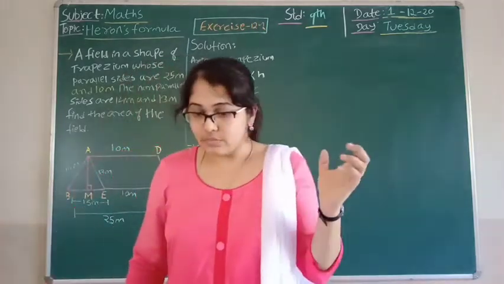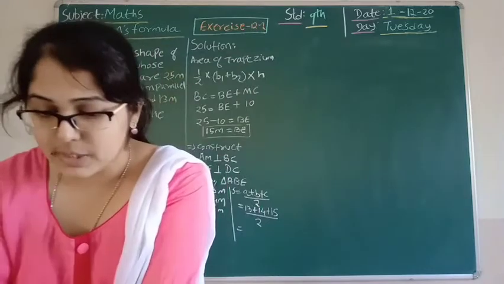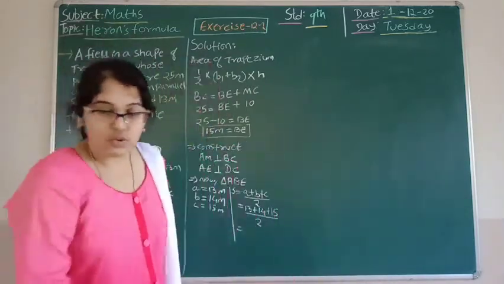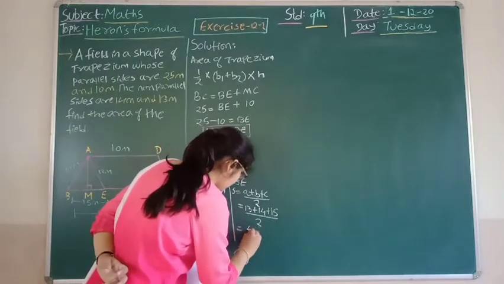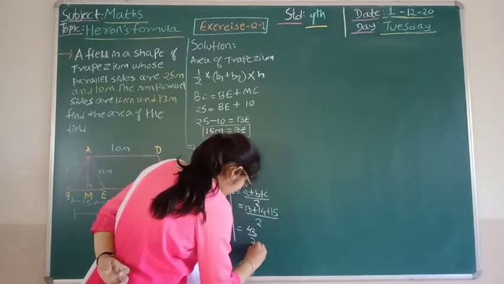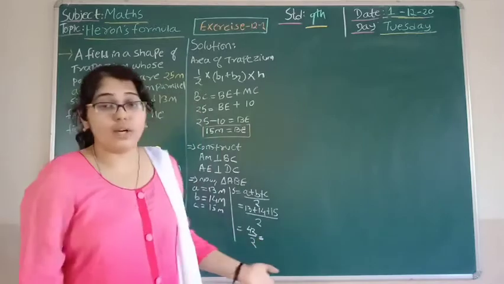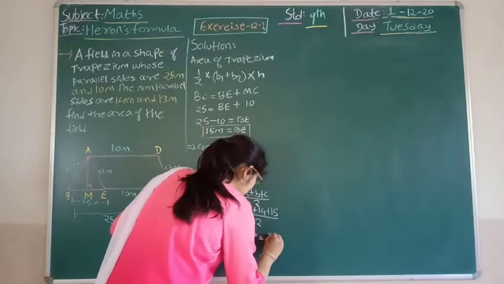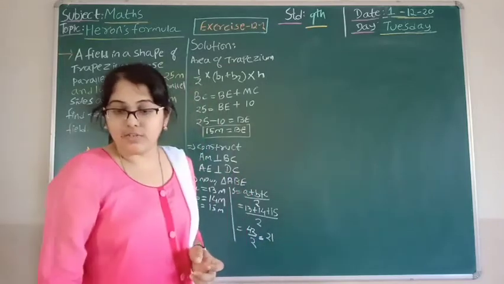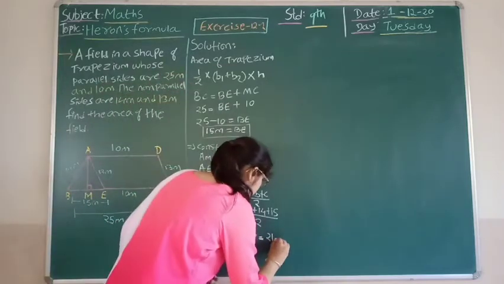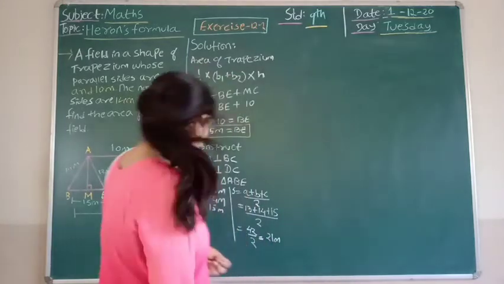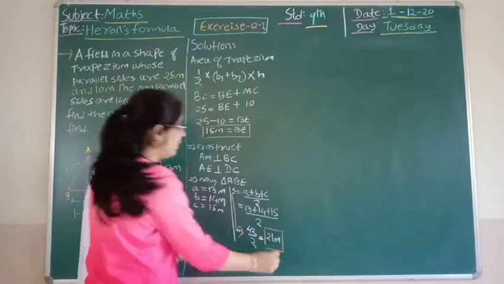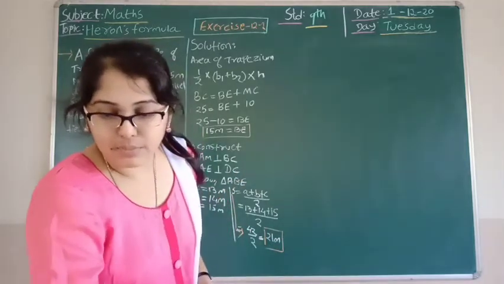My answer will be 42 divided by 2, and dividing 42 by 2, my answer will be equal to 21 meter. So this is how students get the semi-perimeter. Now from that we are able to find S minus a, S minus b and S minus c.